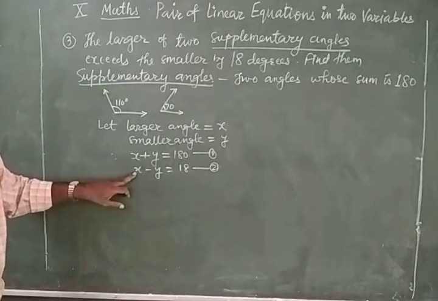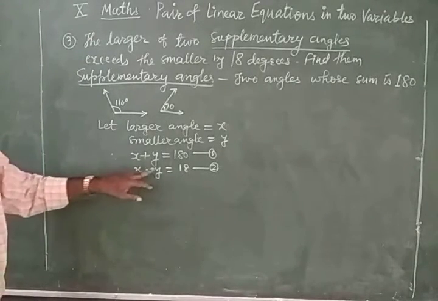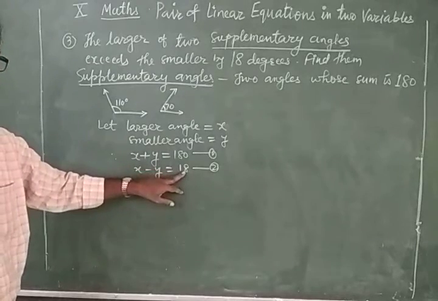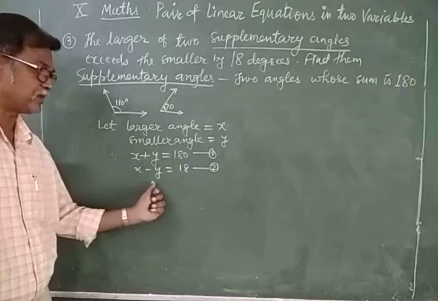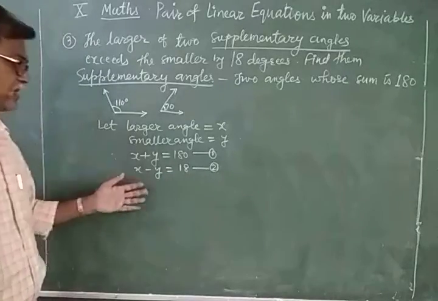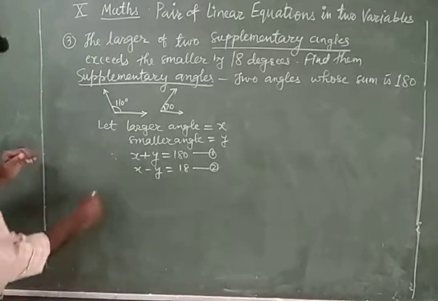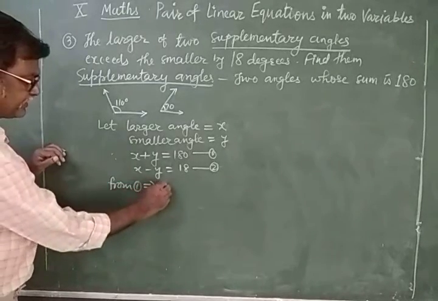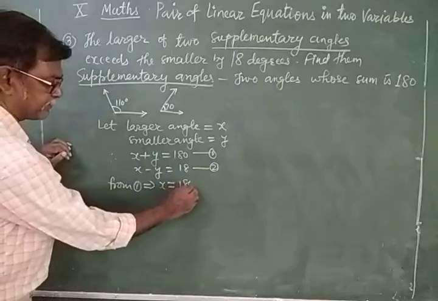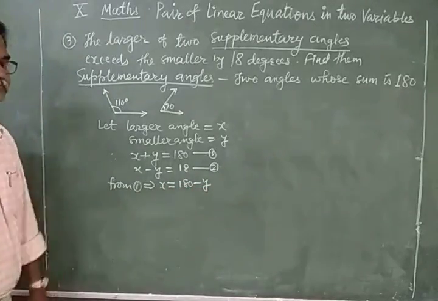The larger angle is greater than the smaller angle by 18, so we can say the difference between the larger and smaller is 18. Now you can substitute from 1. We get x is equal to 180 minus y.